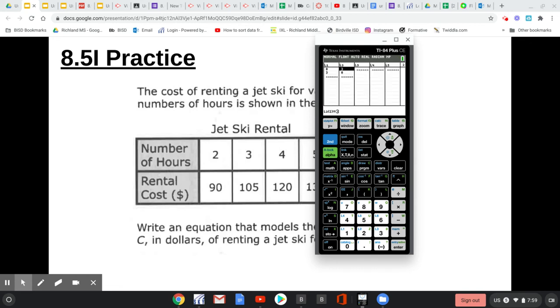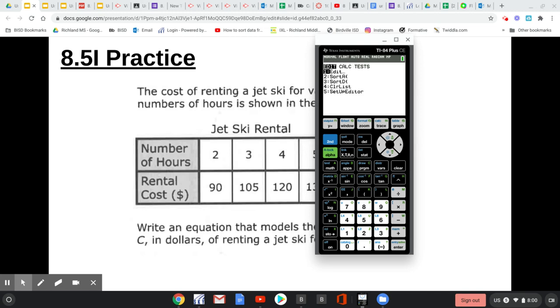Oh, I see why I did this wrong. This should have been a 6. Enter. Stat, tab, 4, enter all the way. And there is our negative 0.5. Good. Glad that's solved. Here we go.